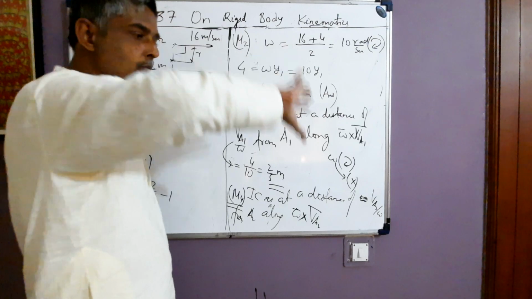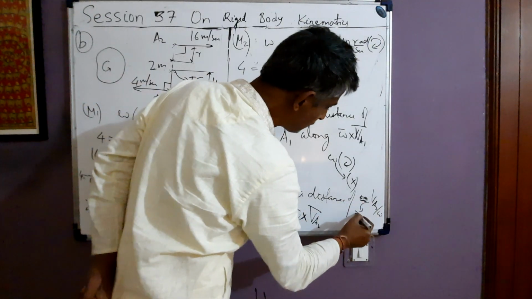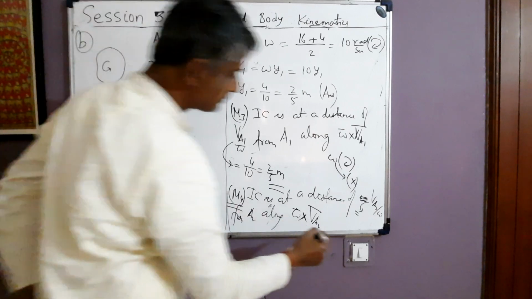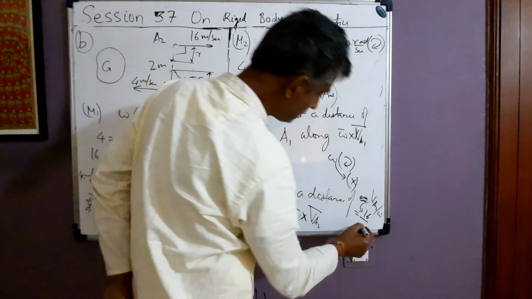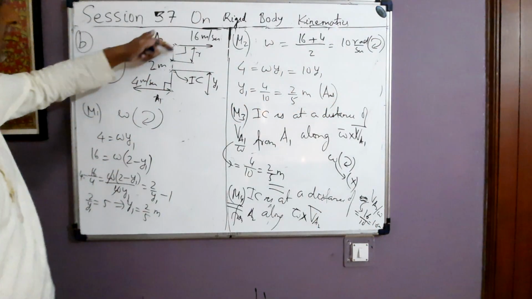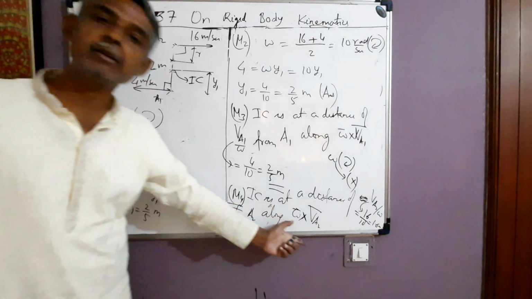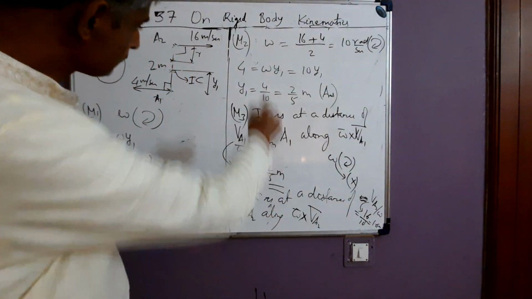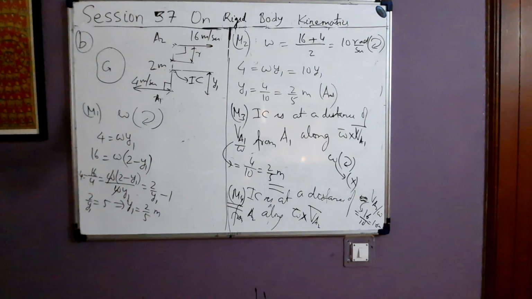VA2 is rightward, so omega cross VA2 is downward. VA2 is 16 and omega is equal to 10, so 16 by 10 becomes 1.6 meter, vertically below A2. That is 0.4 meter from A1, since 2 minus 1.6 is 0.4... the same answer we have obtained again. So all those 4 methods I demonstrated for this problem. Alright, fine.